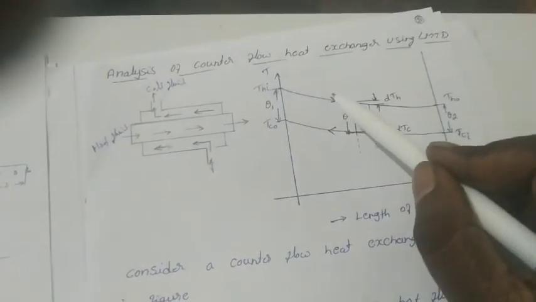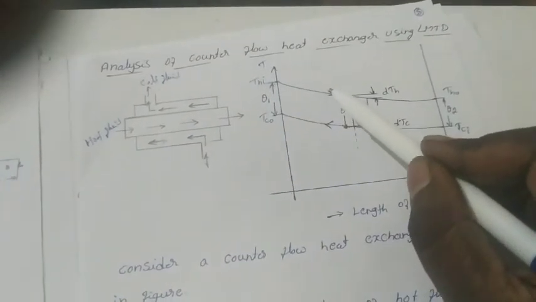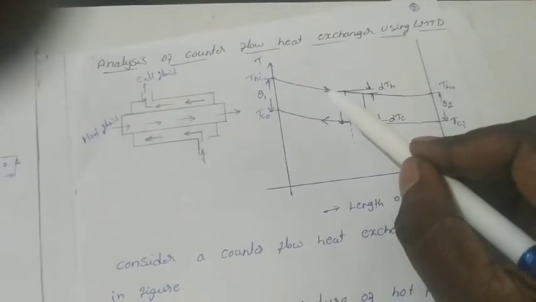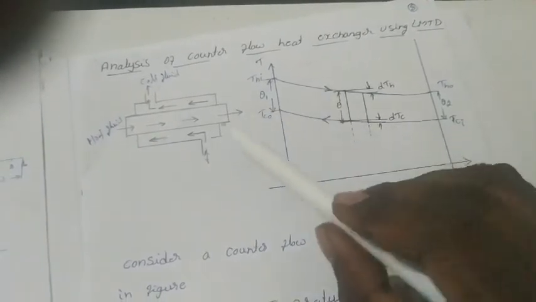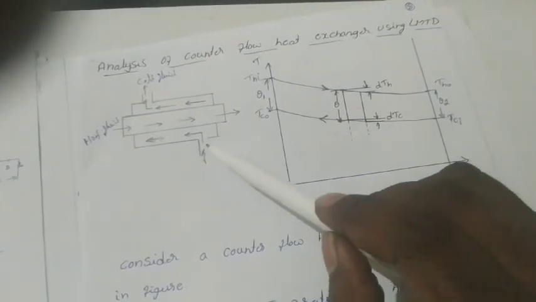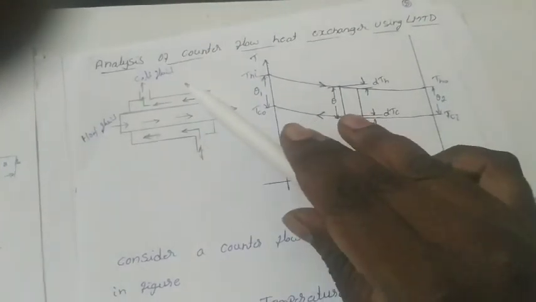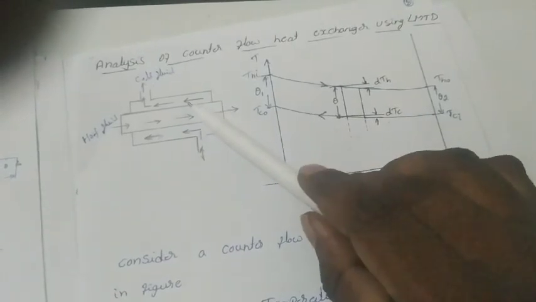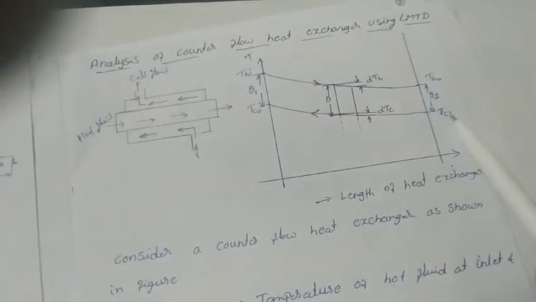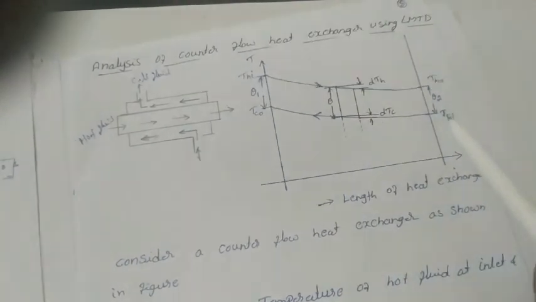Look at that mark. That mark is very important for the parallel flow and counter flow heat exchanger. This is the counter flow. This is the opposite direction in which they flow. At the same time, the cold fluid enters here and exits here. So the temperature again increases from inlet to outlet.